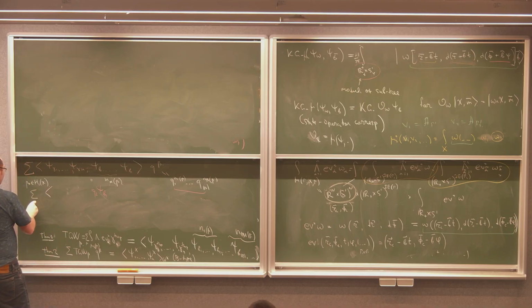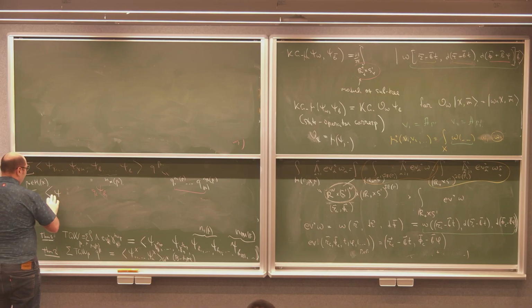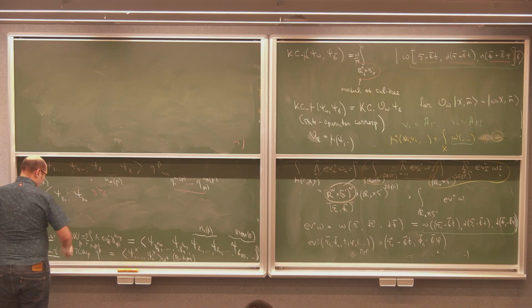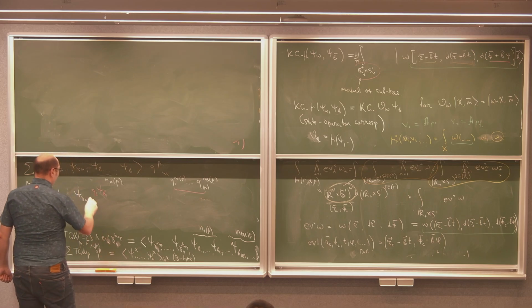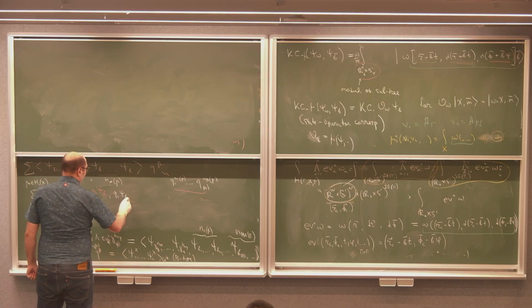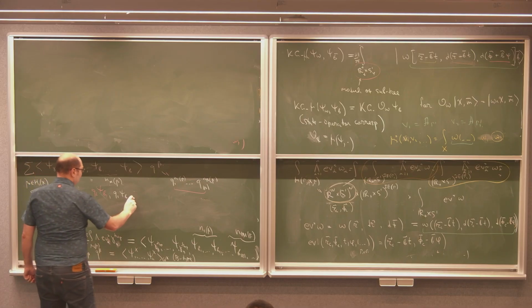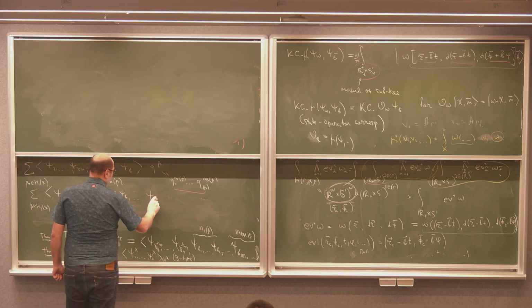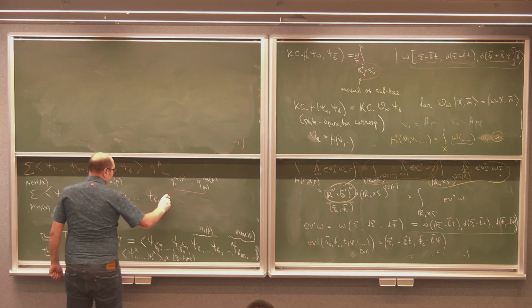So we still have summation over curve classes, and still a collection of psi's, but now for the psi b's, we multiply each psi b by the corresponding q.